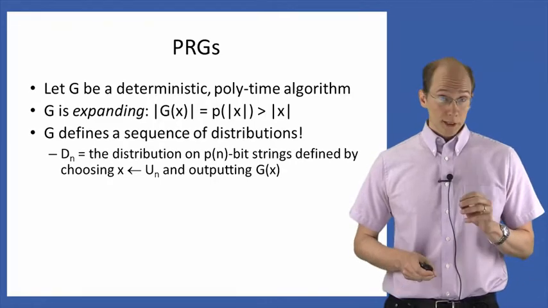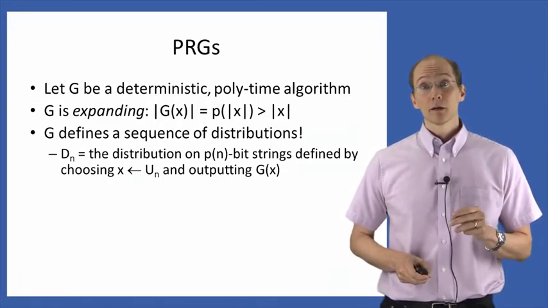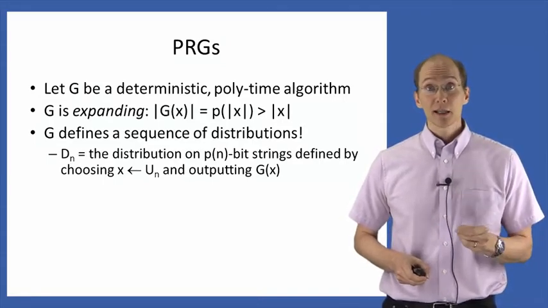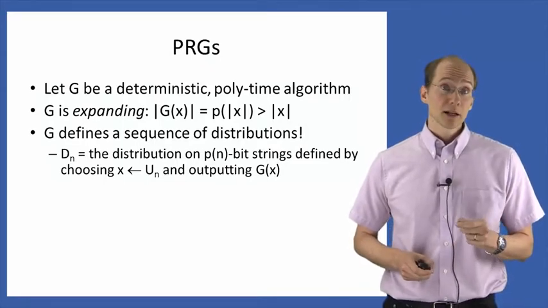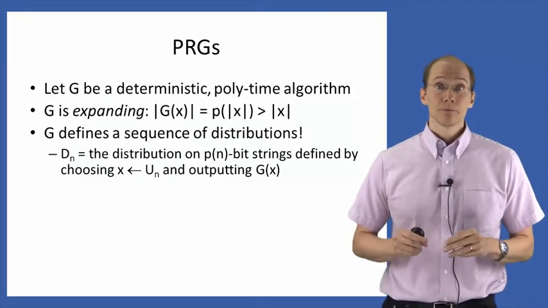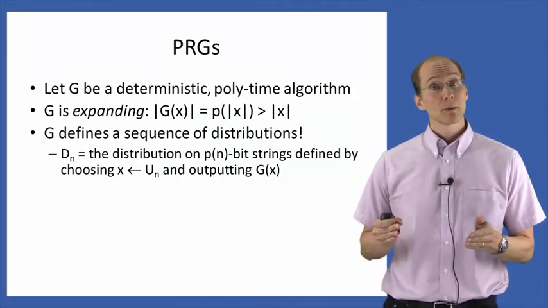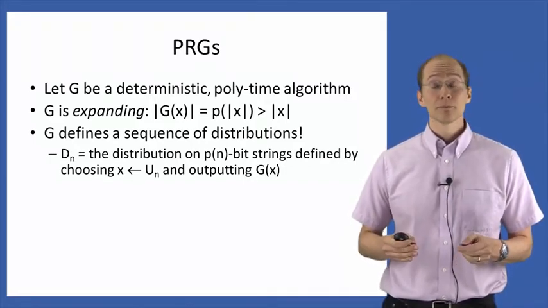Now, what's interesting to note here is that this deterministic algorithm, or deterministic function G, defines naturally a sequence of distributions. And it does that in the following way. We can define distribution d_n to be the distribution on strings of length p(n). Remember that p(n) was the output length of G when given an input of length n.